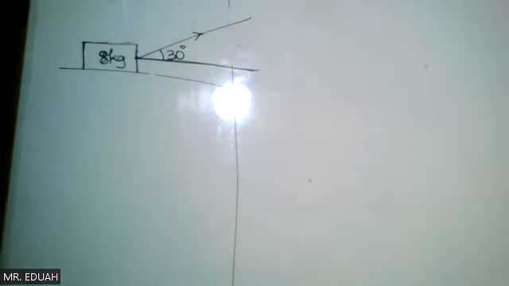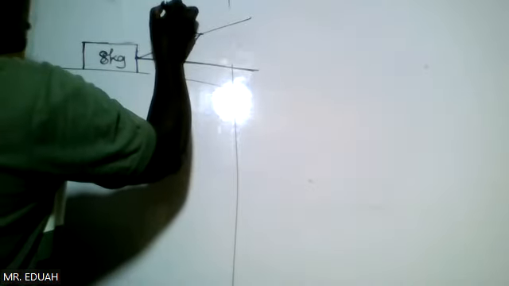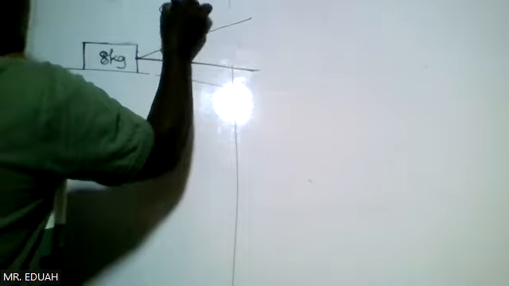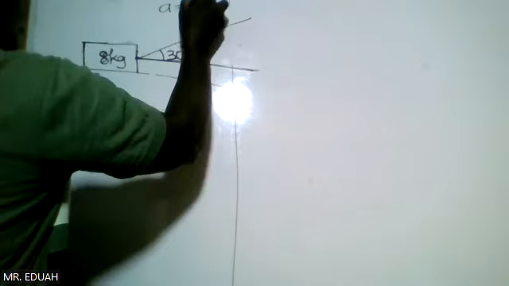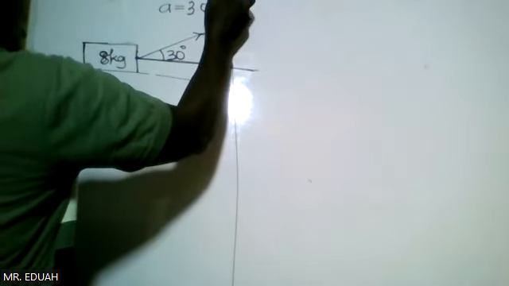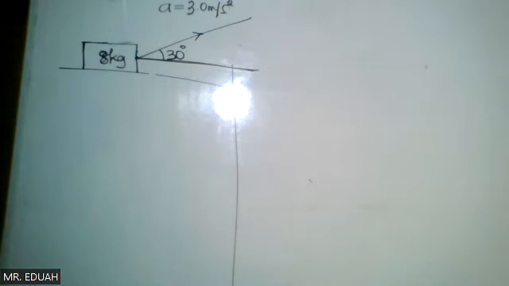Now, the acceleration of the particle is 3 meters per second squared, and the resistance to the motion is 40 Newton. Find the tension in the string.